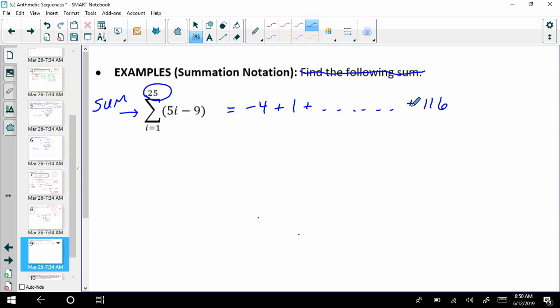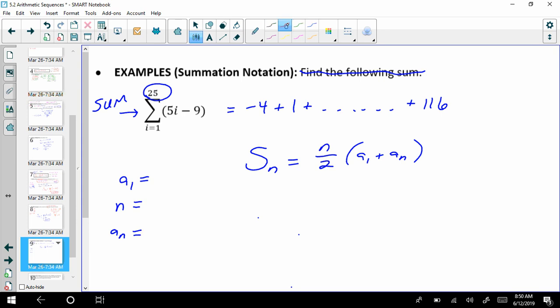Last time it wasn't a big deal because I didn't have you go too high. So how can we speed this up? Well, we're going to use our formula to find the sum. So let's see if we have everything we need to do this. A sub 1. What is my starting term?